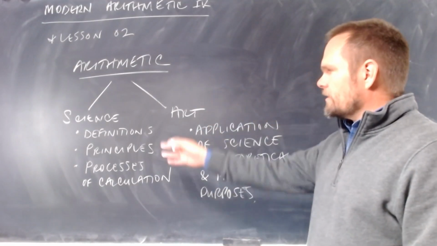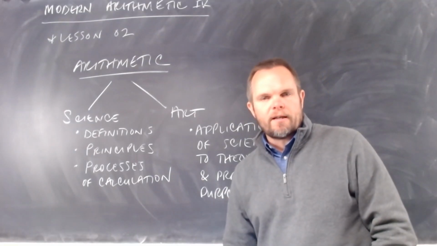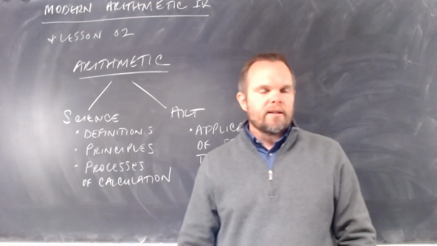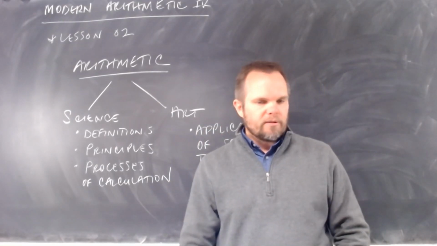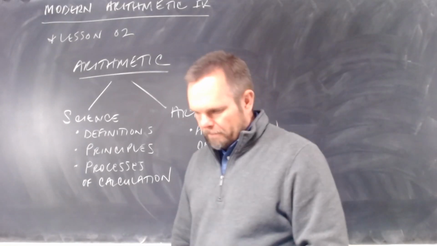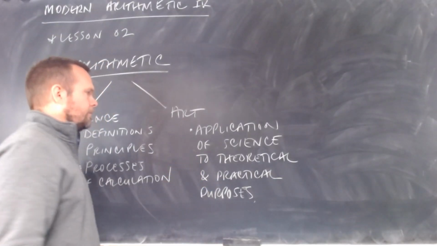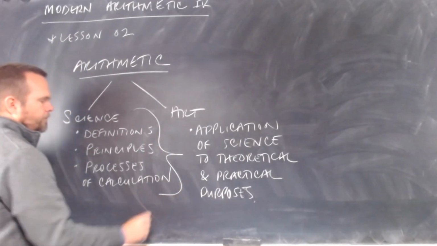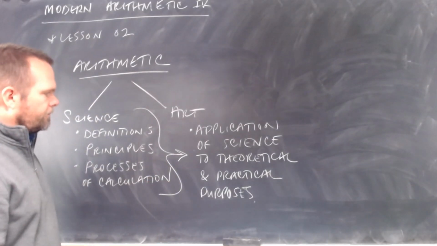When we learn the science of arithmetic, the purpose of learning it is so that we can apply it and put it to work. We can use it. This is what art is, the application of principles. We just learned about that. So as an art, after we've learned the science, we want to use the science of arithmetic.